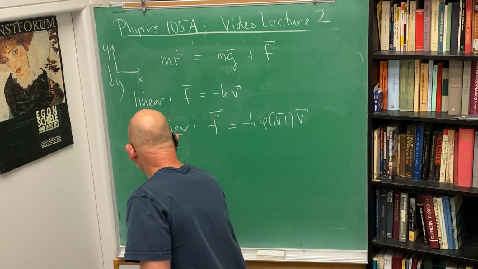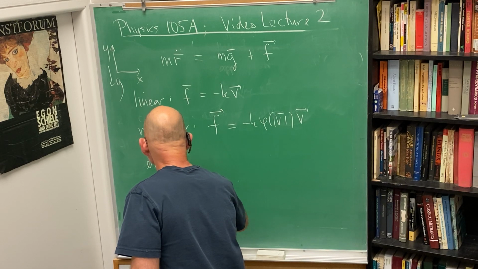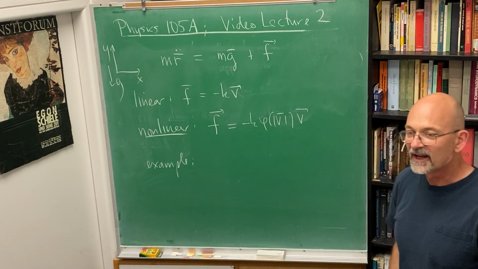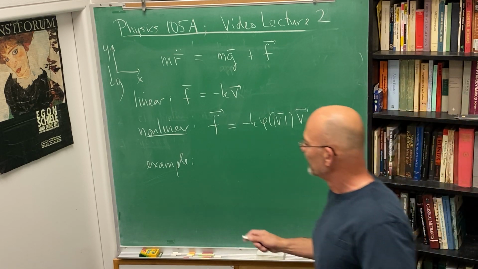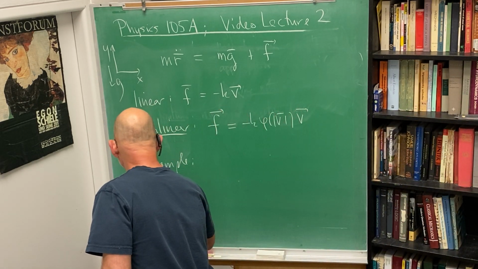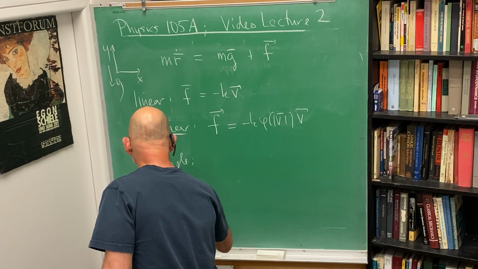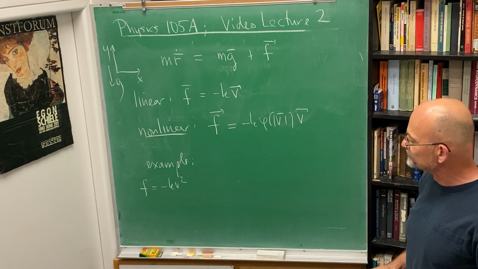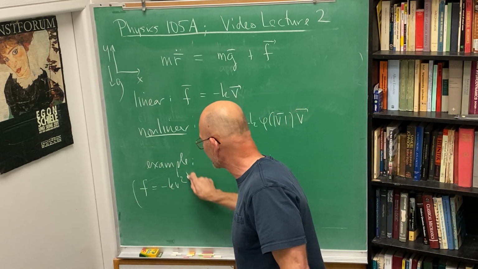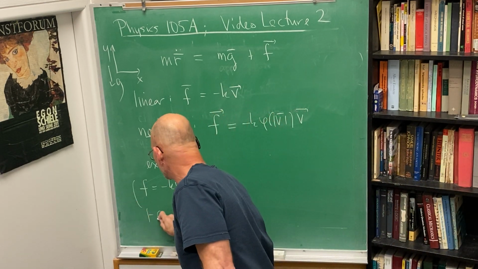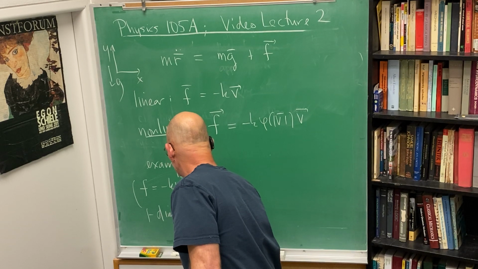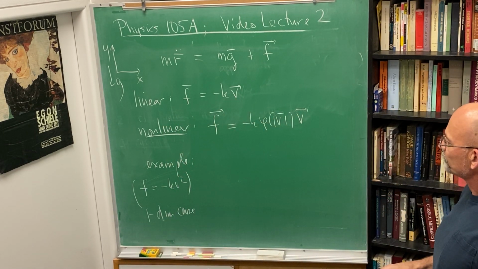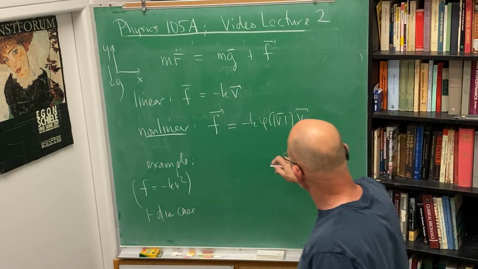So as an example, we had the quadratic friction law when we were working on this in one dimension. So we had F equals minus KV squared. How does that look when we're talking about a vector? I'll just put this parenthetical, that was our one-dimensional case. Well, that looks like the following.